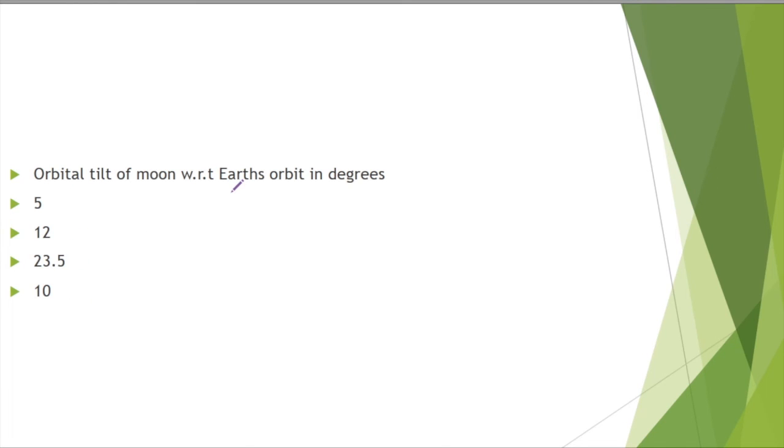Now the next question. Orbital tilt of the moon with respect to the orbit of earth in degrees. So we know that earth is tilted 23.5, right? And as we all know that moon has also some tilt, but in books we see that it's in 2D, like both earth and moon are in the same plane.